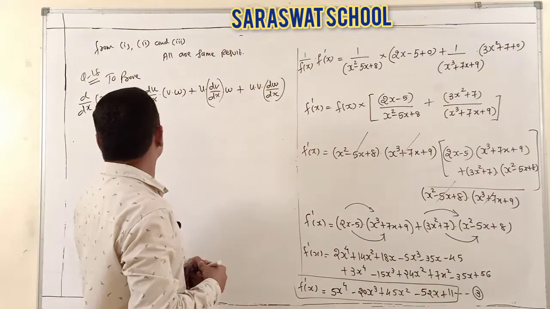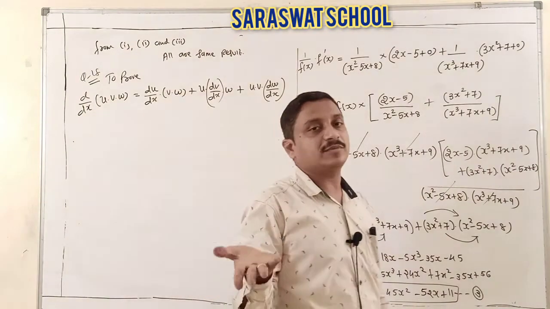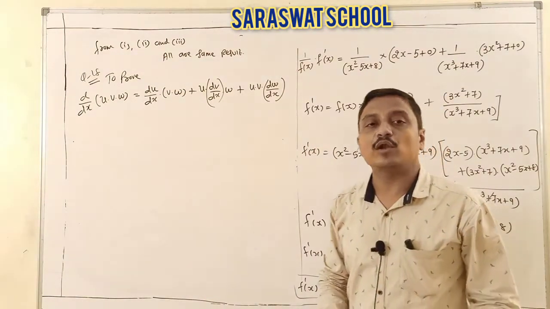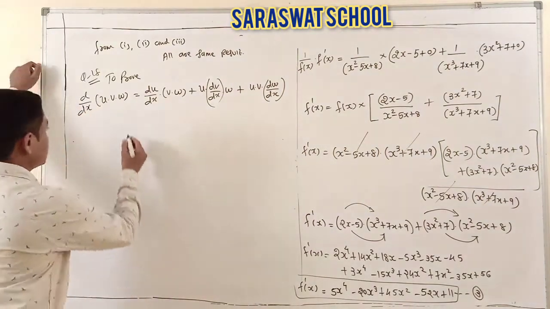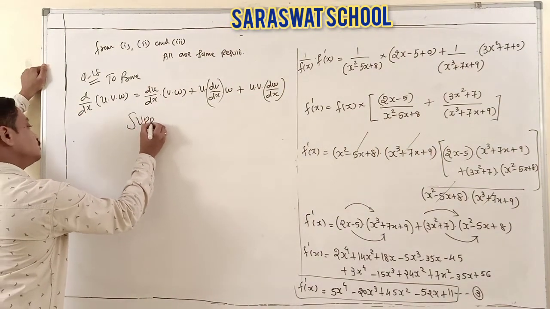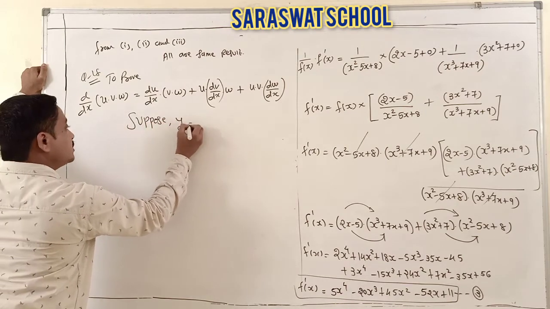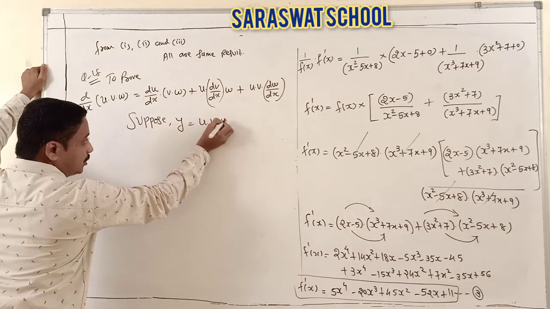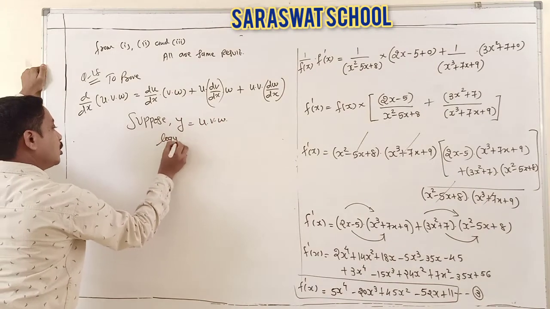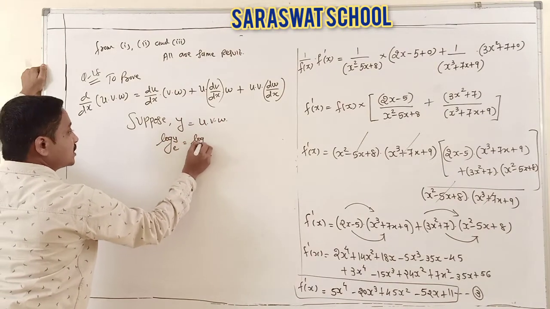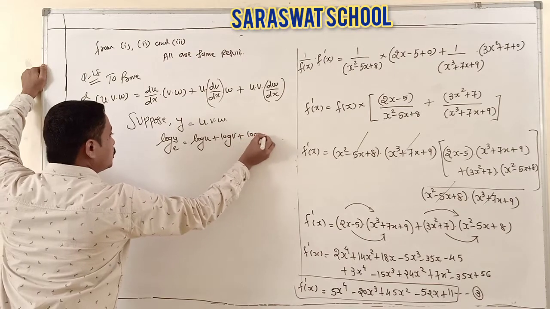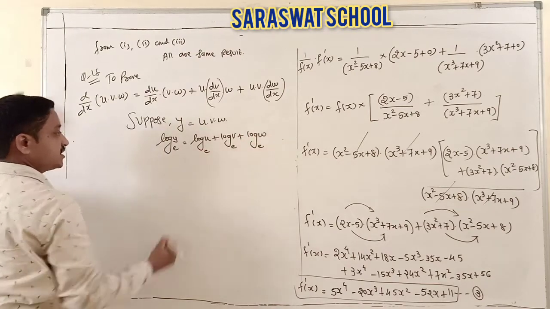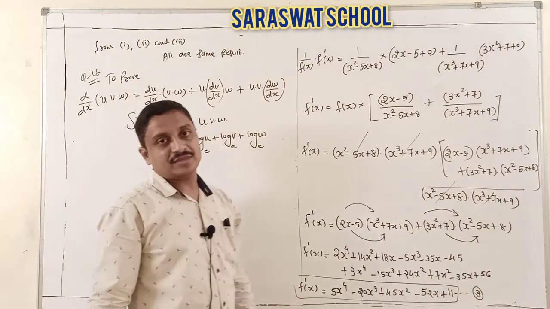Here students, if these three are a property, utilize our logarithm function, and I easily do this part. So suppose y = u v w. Taking log on both sides, converting product into addition is necessary.